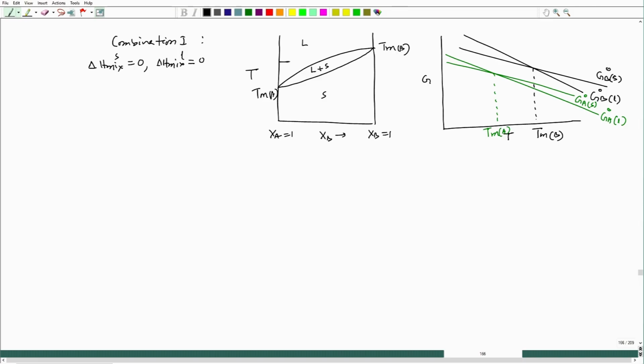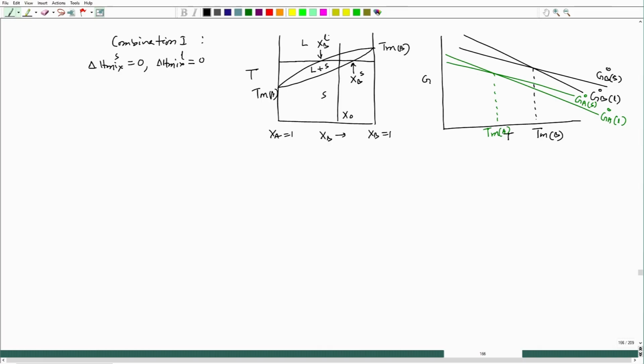At any temperature, if we take a composition in between, let us say X0 with reference to B, this composition will break into two solutions, solid and liquid, with compositions X B of solid and X B of liquid.